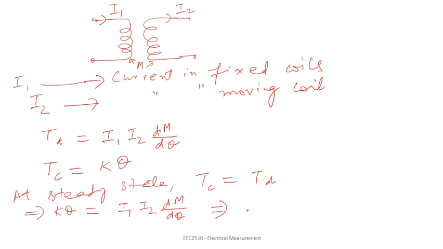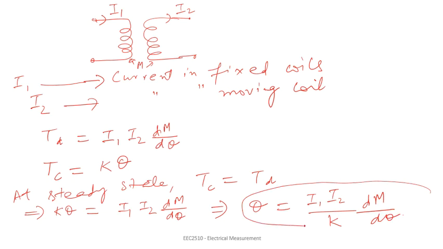And this means that the deflection theta will be equal to I1 I2 over k times dM over d theta. So this is the expression of the deflection, and the earlier one is the expression of the deflecting torque.